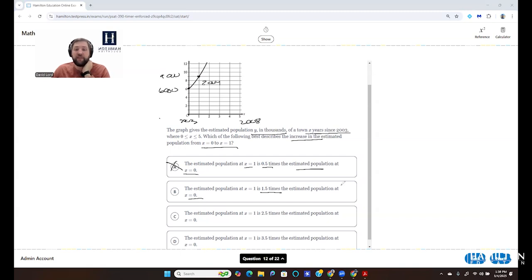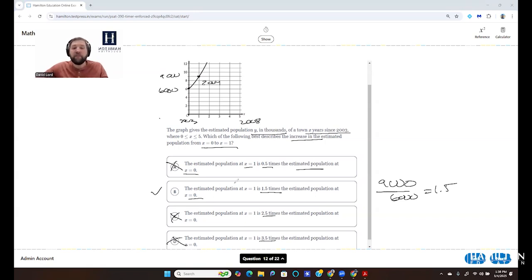That is true. 9,000 divided by 6,000 is 1.5. So that is probably the answer, but let's check the other two. The population is 2.5 times? No, that's too big. And 3.5 times? No, it's too big. So B was the right answer.